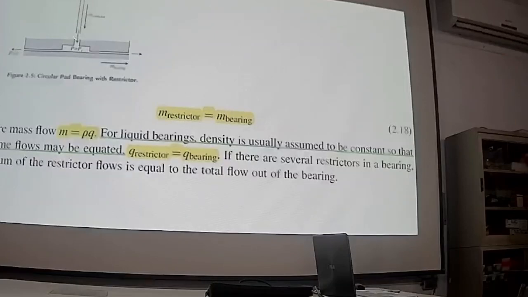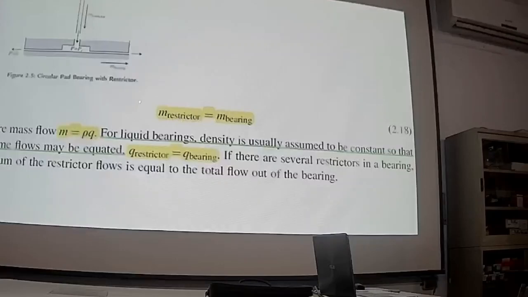For this short distance of the flow, we assume the density remains constant from upstream to downstream.